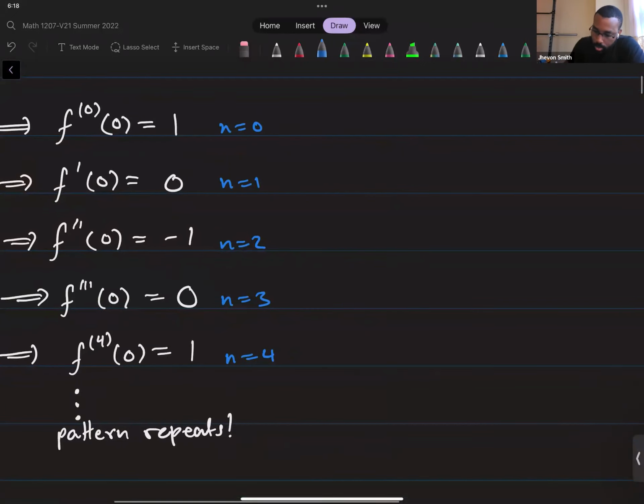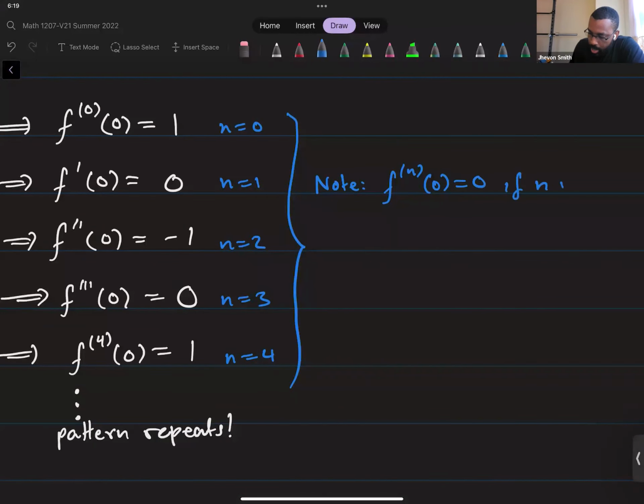So note: f to the n evaluated at 0 equals 0 if n is odd, and f to the n of 0 is plus or minus 1 if n is even.